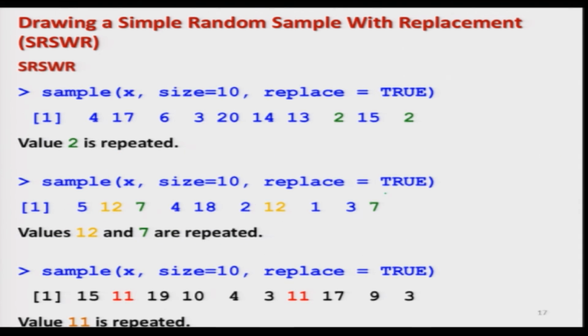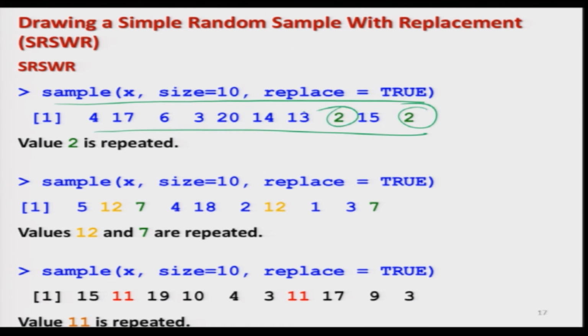And when I execute this command on the R console, I get this type of outcome. You can see here this value 2 is getting repeated. And similarly, if I repeat it, you can see in the second sample 12 and 7 are repeated. And if you take one more sample, this value 11 is repeated.